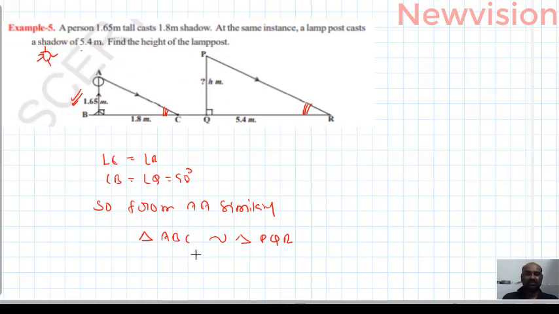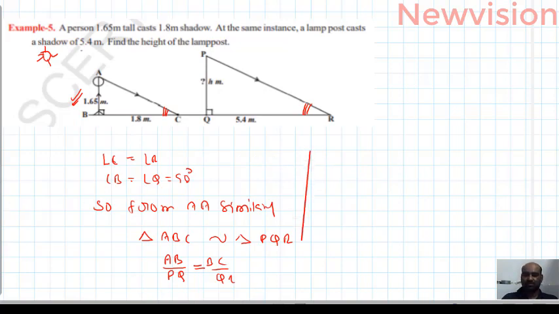Okay, if two triangles are similar, you already know that the corresponding sides are in proportion. Therefore AB by PQ equals BC by QR, also equals AC by PR, but you don't need AC here, I just want to compare those.